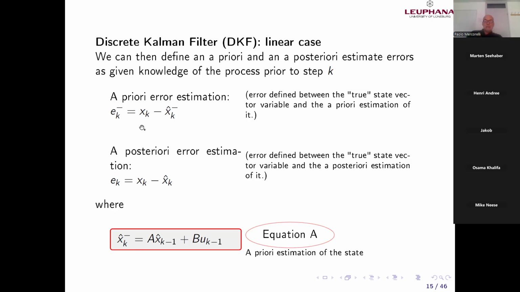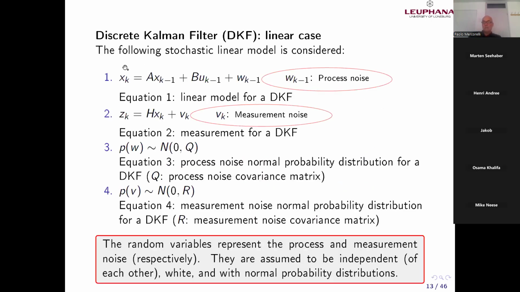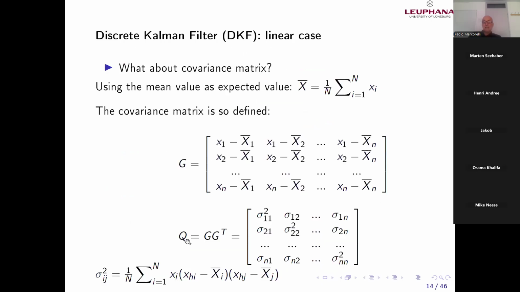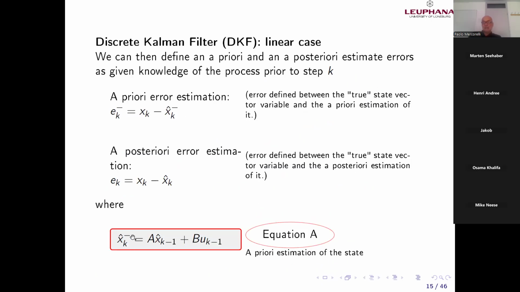Anyway, coming back to e_k minus, we can see that this difference is x_k, which is this one, minus x hat k minus, which is exactly our deterministic part of the model.